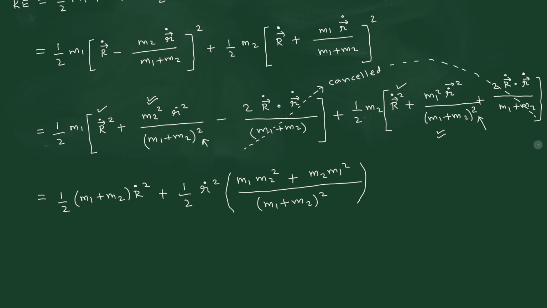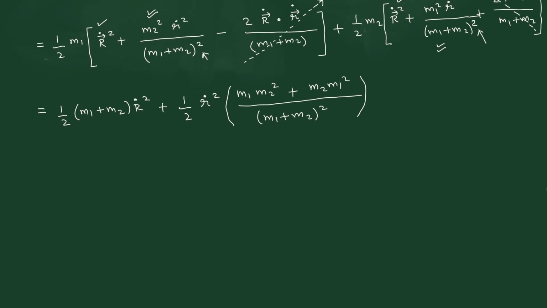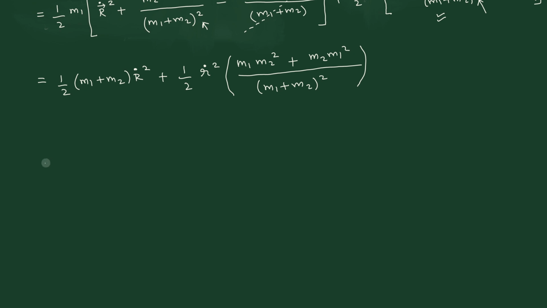And now this is fairly easy to simplify. And we have, this is equal to half into, and let us write down, M1 plus M2. Then you have a capital R dot square. It is always better to have a vector symbol. I already told you why to put a vector symbol when you are squaring.